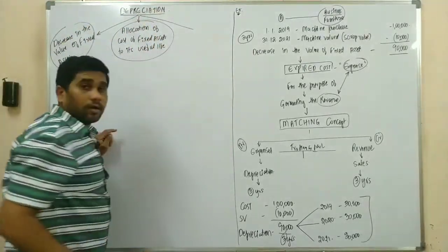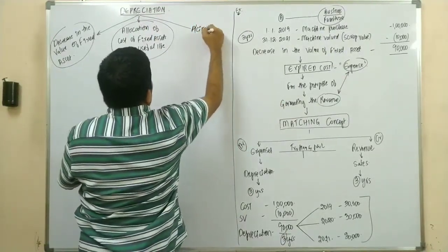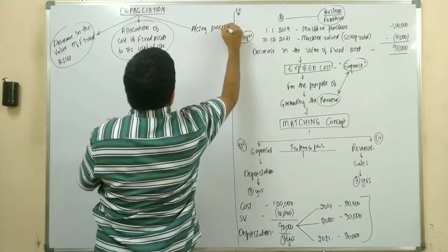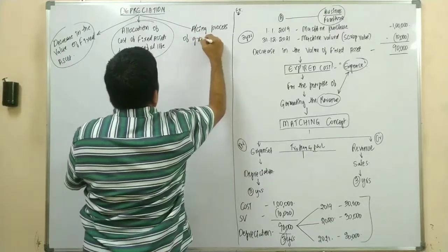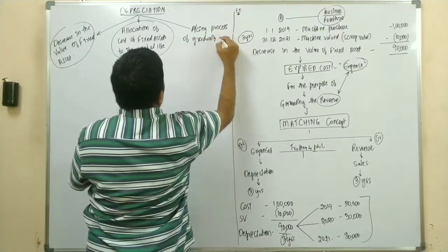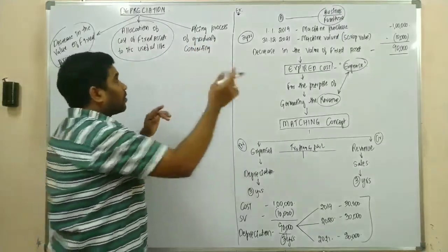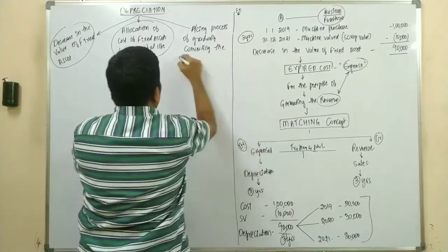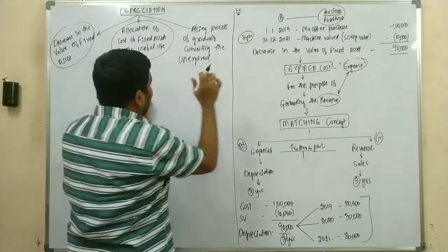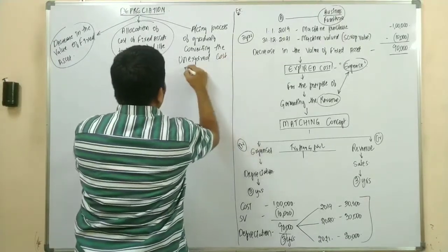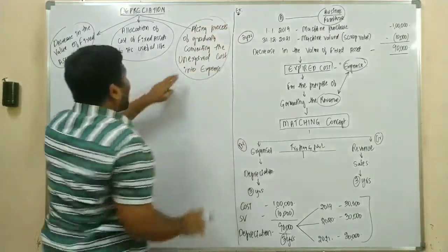Or, it is the accounting process of gradually converting the unexpired cost into expense.